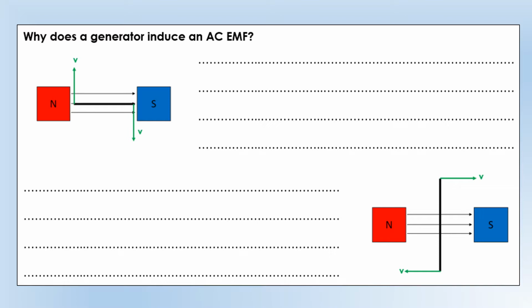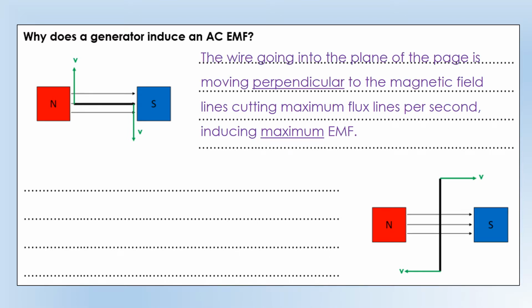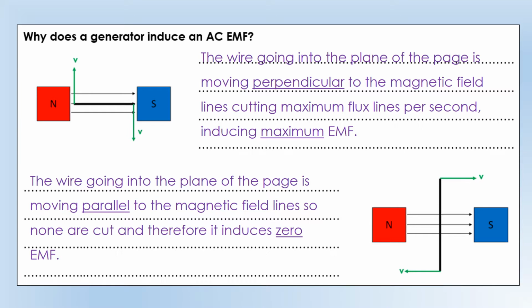Okay, so in this first diagram, AB and CD, or the wires going into the plane of the page, are moving perpendicular to the magnetic field. And that means you're going to be cutting the maximum number of flux lines per second, inducing a maximum EMF. So in this position, you're going to get a really big EMF produced. In this second one, the wires going into the plane of the page are moving parallel to the field lines.